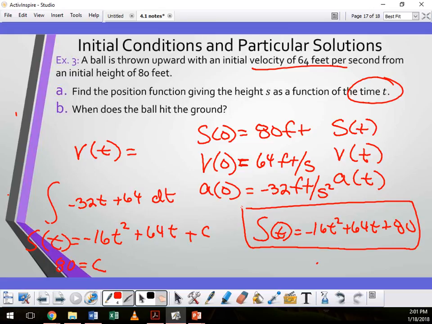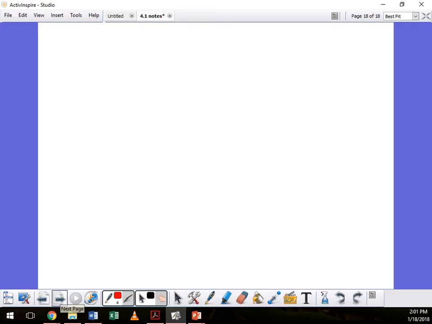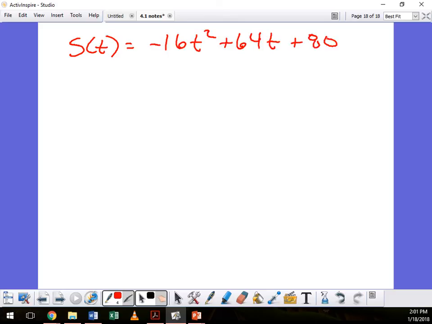Now, it also asked us, what else did it ask us? When does the ball hit the ground? That's when h is 0. Very good. Excellent. When does h equal 0? So I'm going to move over to the next page here. So s of t equals negative 16 t squared plus 64 t plus 80.